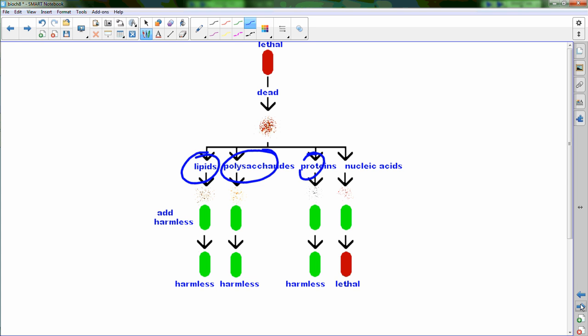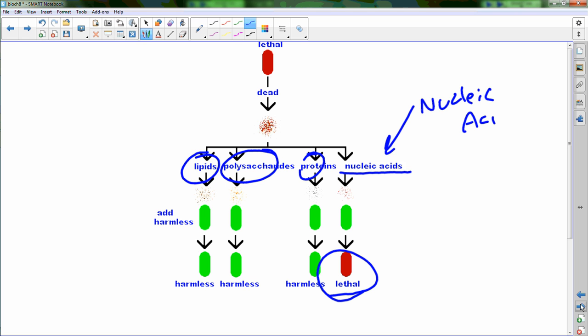When he did it with nucleic acids, though, that's when the cells turn lethal. So the transformation only happened when you had nucleic acids that were able to be transferred into the living cells that would then kill the mice. So what Avery did is he proved that nucleic acids carry genetic information.